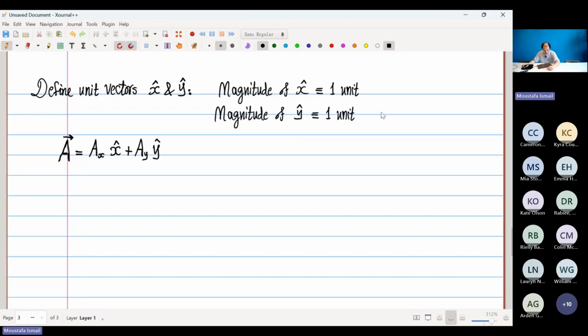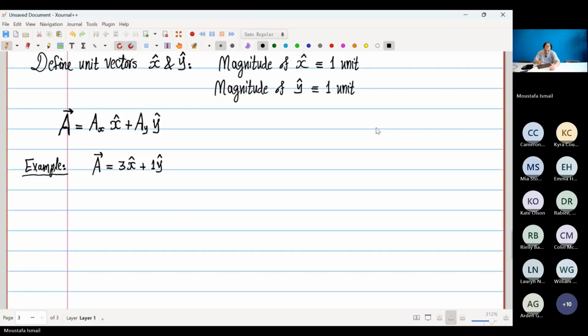Let's give an example of that. Let's say we have our vector A is 3x hat plus 1y hat. How am I to draw this vector?